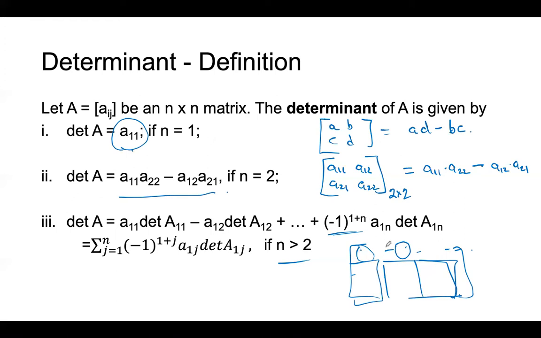There's an alternating pattern. Essentially, you take out the coefficient and compute the determinant of its submatrix, then move along to the next entry, and so on. Then you sum them up, because a determinant is basically a number. It gives us essentially the magnitude in a way.